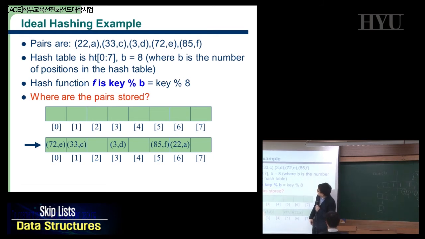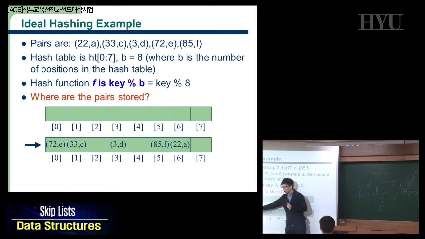If I add to that table, for example, an extra one, 1G, my hash function is F1, 1 modulo 8, which is B. This gives me what? 1. But position 1 already has an element in it. What do you do then?